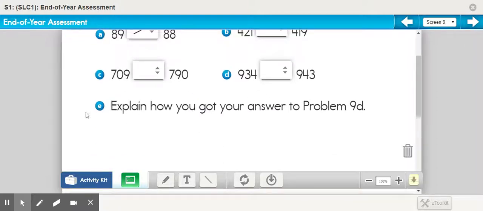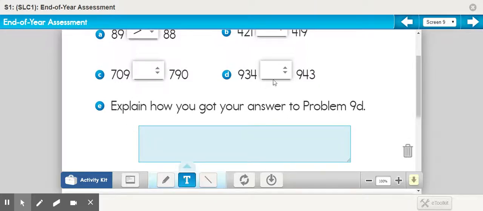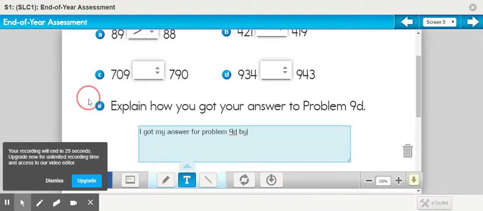Double check your work. Letter E reads, explain how you got your answer for problem 9D. So I'm going to add my text box here. And one way you can start your explanation for this is by restating that question again, or restating what they're asking. So I got my answer for problem 9D by, and so typically, again, using the word explain, you want to put a because, but in this case, you can use by.